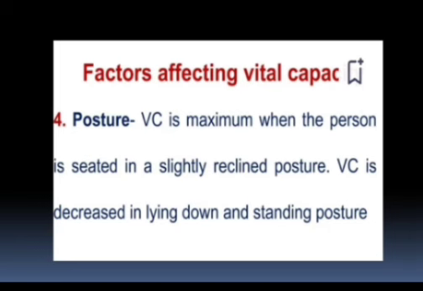Another factor is posture. Vital capacity is maximum when a person is sitting, in a slightly reclined posture. And it decreases in lying down and standing posture.